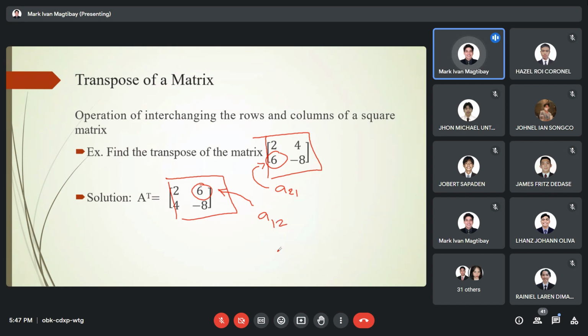So, notice the difference? Ano po kaya sa tingin niyo yung pattern kung paano po tayo magkakaroon ng transpose na matrix? Anyone can answer po? Na naging A21, naging A12 po nung tinranspose natin. Any ideas po?